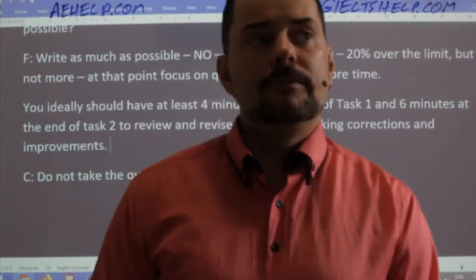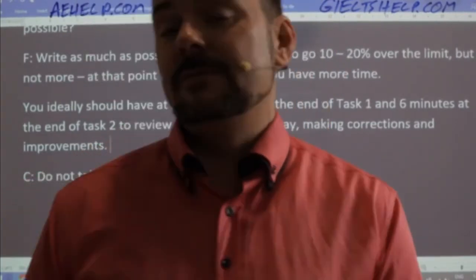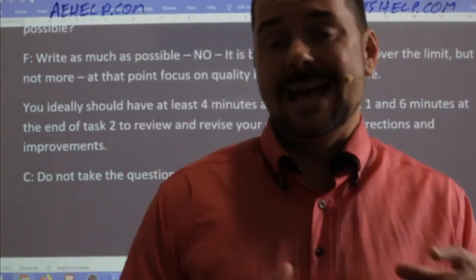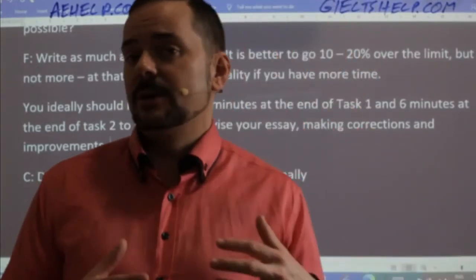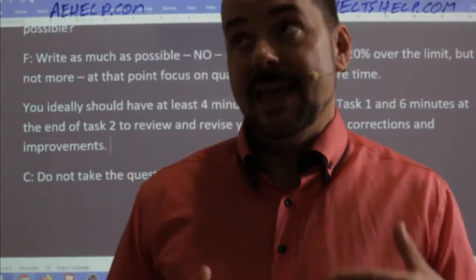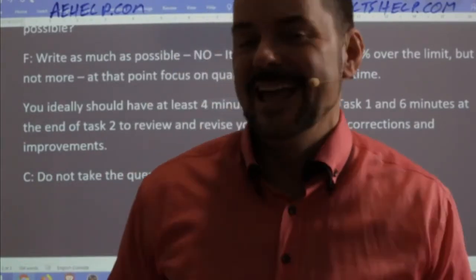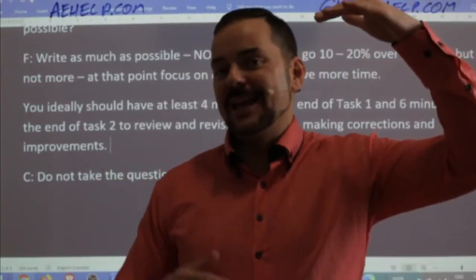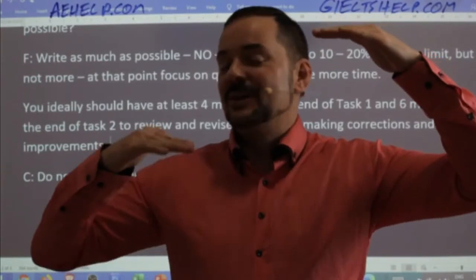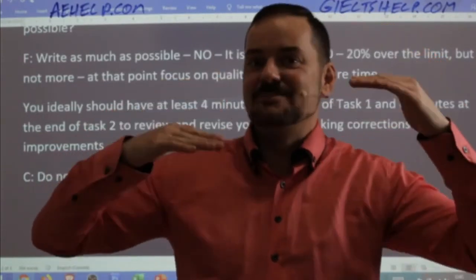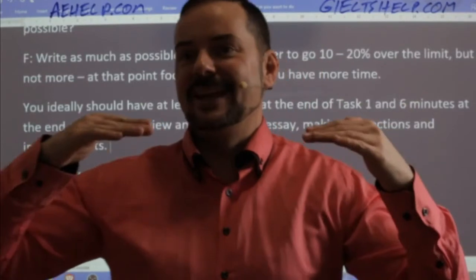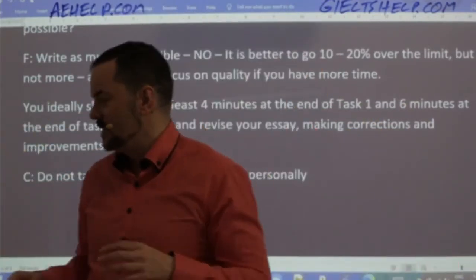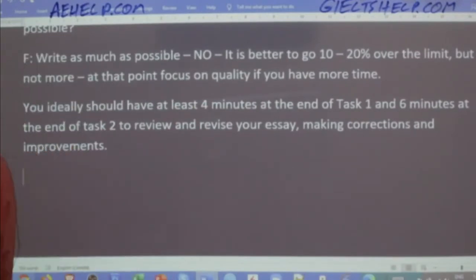I had about 4 minutes left at the end to review both my task 1 and task 2. And what's interesting about that is, of course, reviewing 800 words of writing in 4 minutes is a very challenging task. So the more you write and the less time you have for review, the less time you have for revisions to make sure that your content, your spelling, and your grammar are correct. Is everybody following me there? Okay, so quality of your writing.